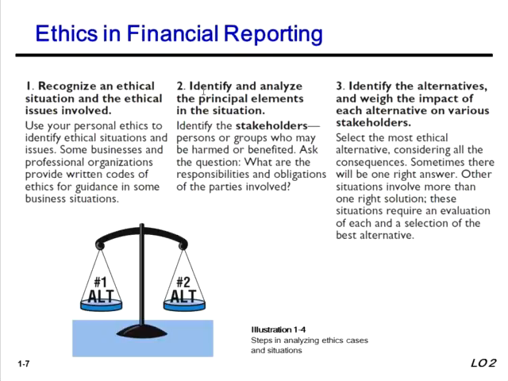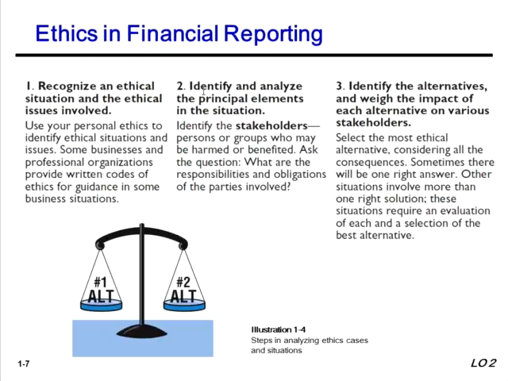Organizations, whether they be businesses, colleges, not-for-profits, hospitals, do have written codes of ethics that employees can use as guidelines in making decisions. Right, the next part is to identify and analyze the principal elements in the situation. So in other words, to identify the stakeholders, those persons or entities or groups that would be harmed by an unethical action.